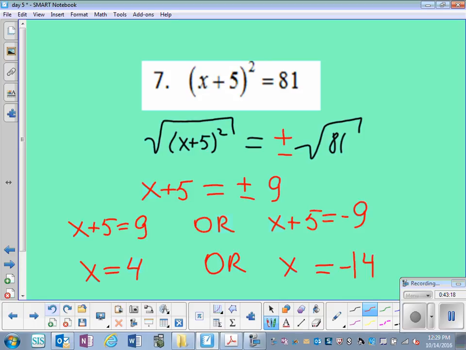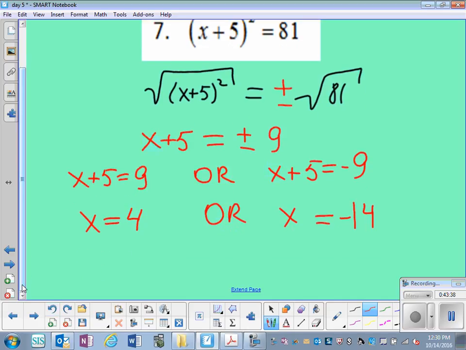So your answer is not plus minus 4 or plus minus 14. It's 4 or negative 14. These are two answers. If I write it the fancy way, it's 4, negative 14.